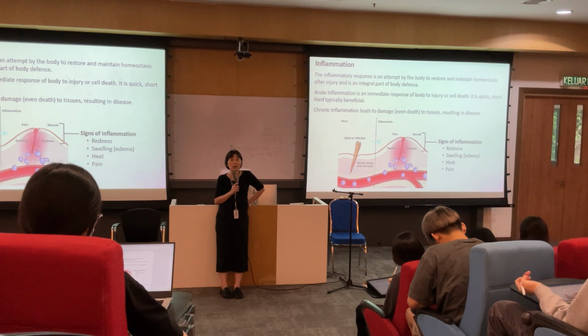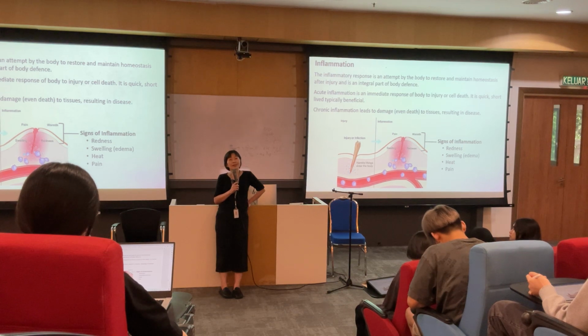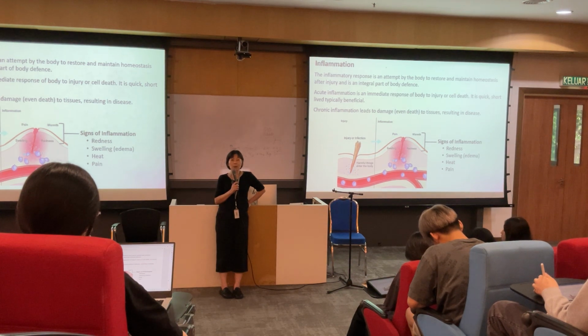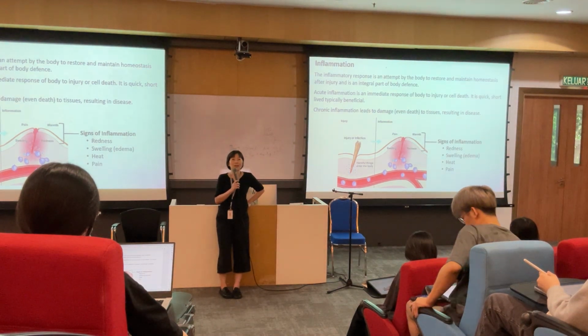Now, this is the last part, inflammation. Inflammation is something that occurs especially during the innate immune response. This is a good thing, meaning that when you have inflammation, let's say you have fever, it indicates something good, meaning that your immune response works.